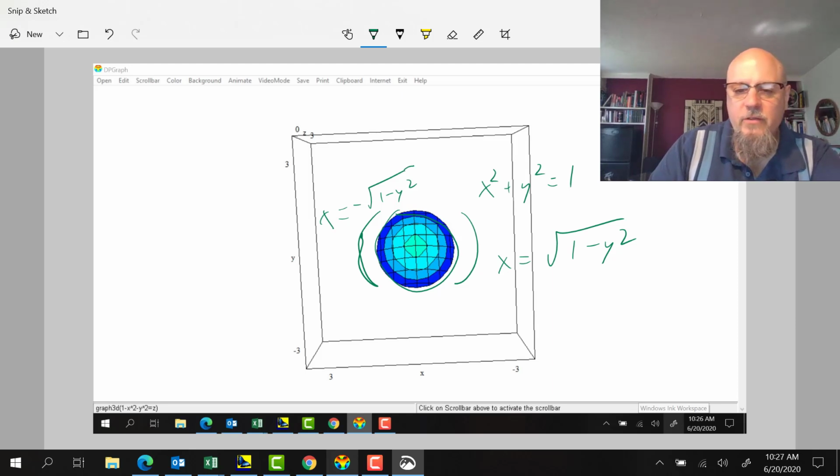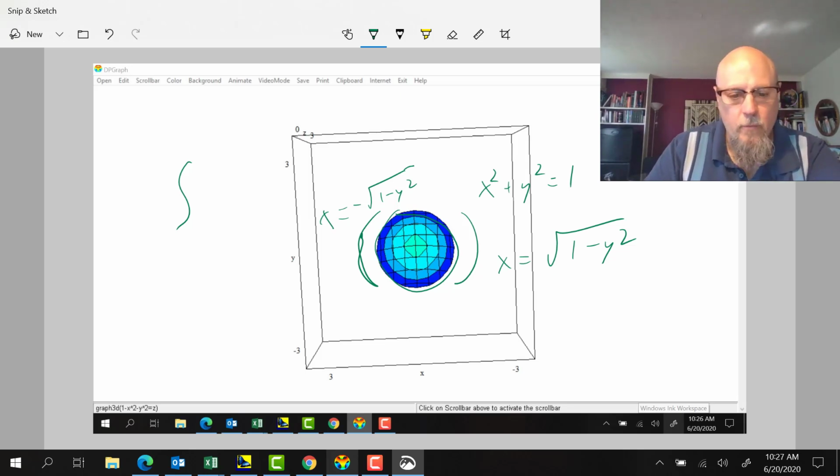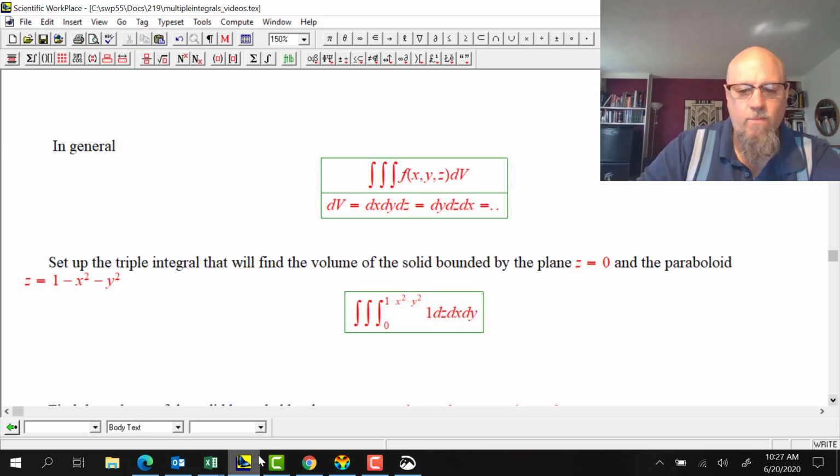Now there's symmetry, so I could go from 0 to the top or to the side and double it and all that. But this is to set up an integral, so I'm not worried about simplification. So now my middle integral is going to go from x equals minus the square root of 1 minus y squared to x equals the square root of 1 minus y squared. So let's get back to that.